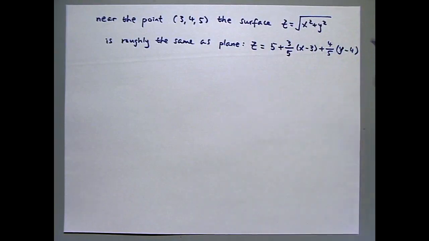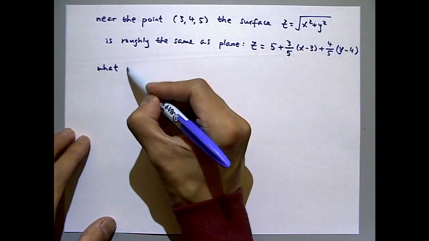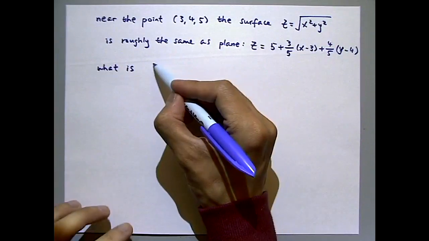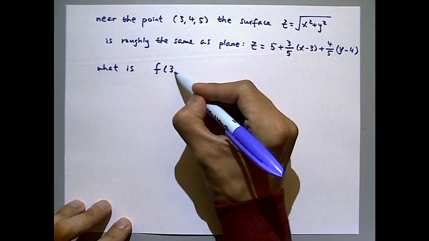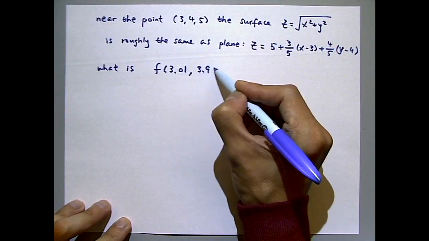So from our perspective, it looks no different from this. That's the same idea here. So for example, let's find out f at 3.01, comma 3.99.